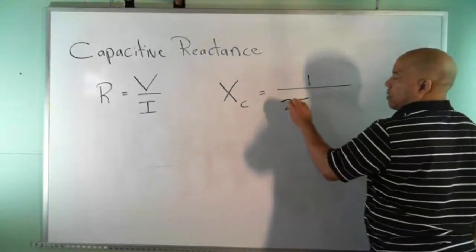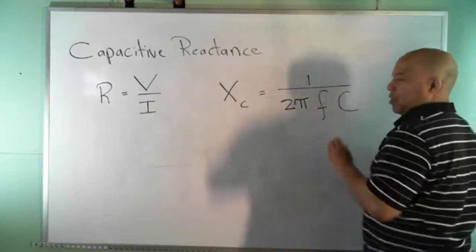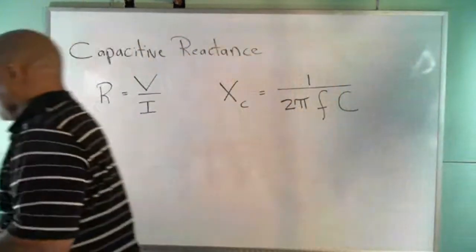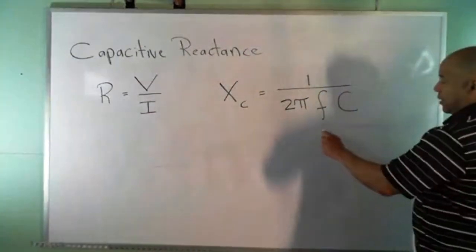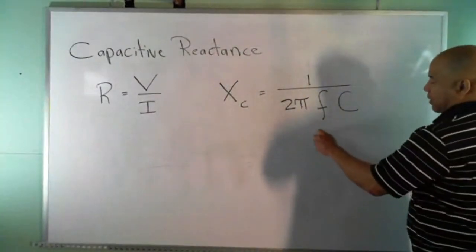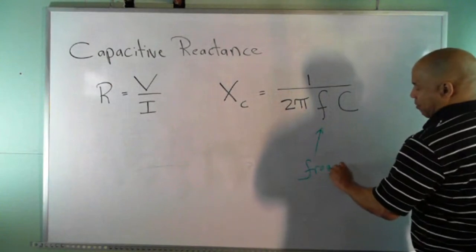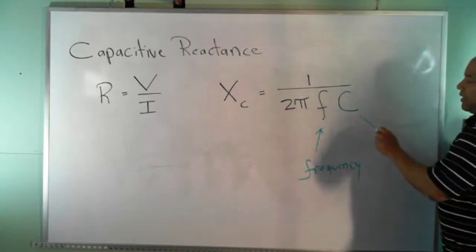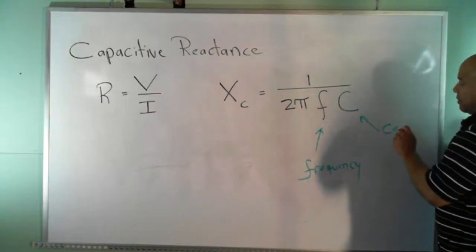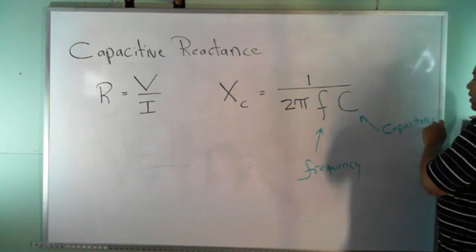It's 2 pi F C. You want to write that down if you're taking notes. Where F, we talked about, is the frequency of the AC waveform, and C is the capacitance of the capacitor.